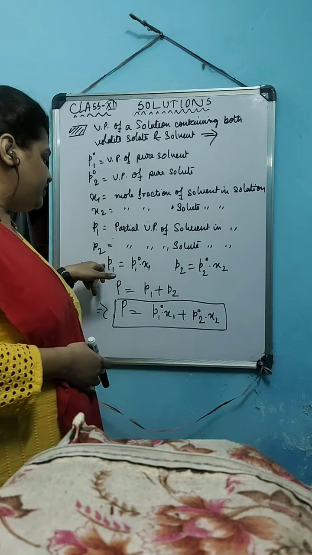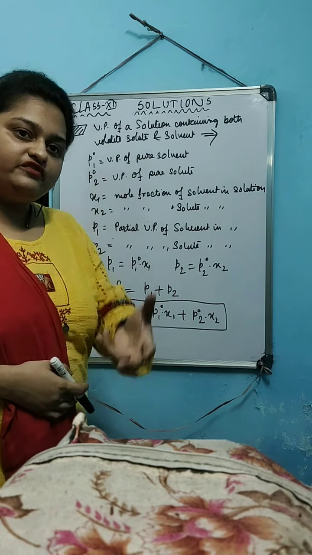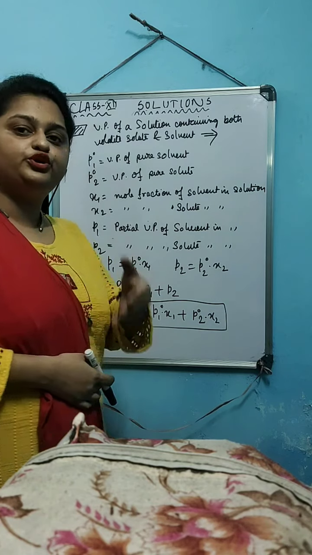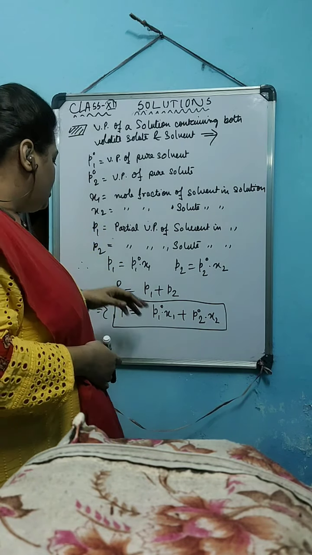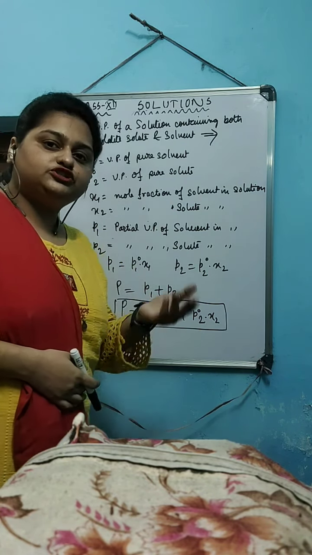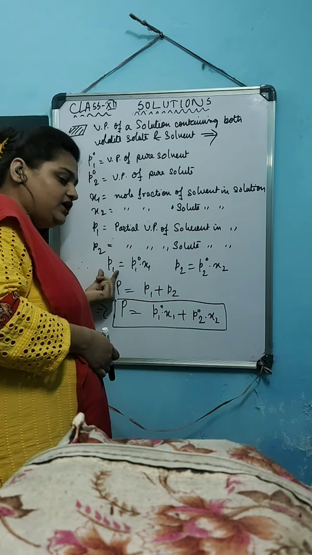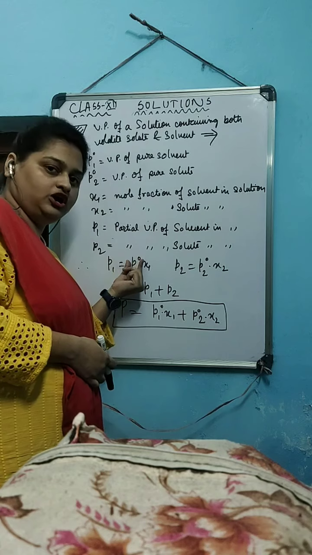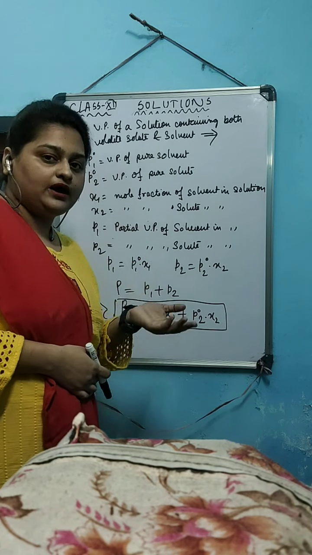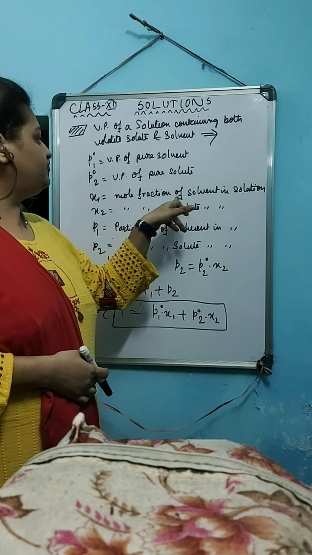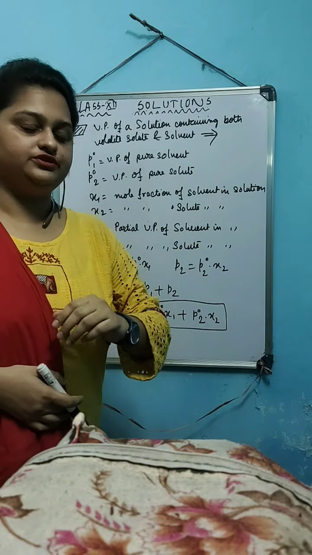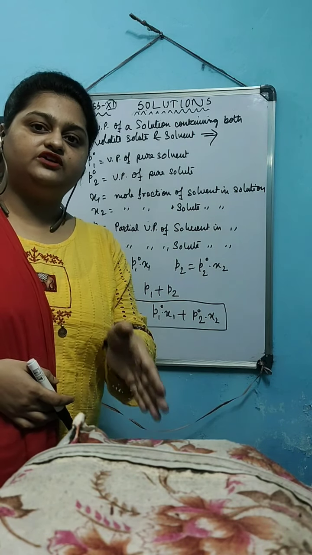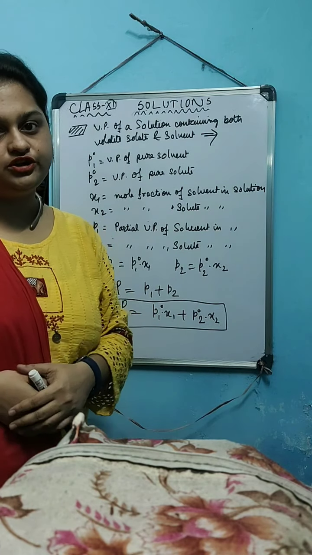For the partial vapor pressure of the solvent, substance 1, we can apply Raoult's law and get P1, the partial vapor pressure of the solvent, equals P1 naught multiplied by X1. This X1 is the mole fraction of the solvent in the solution. P2 is the partial vapor pressure given by the solute in the solution.